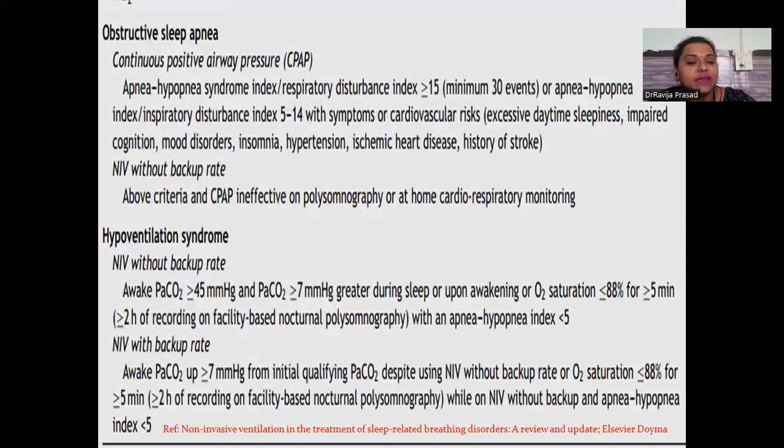Then the fourth indication of NIV, that is obstructive sleep apnea, which includes CPAP, that is continuous positive airway pressure.